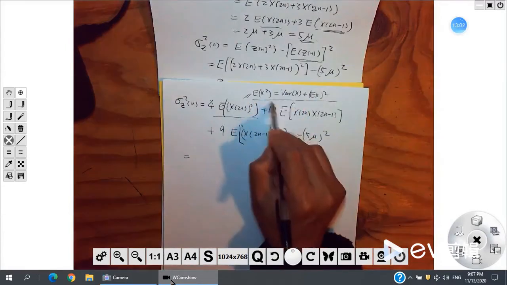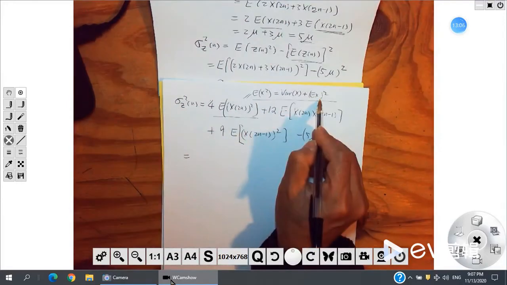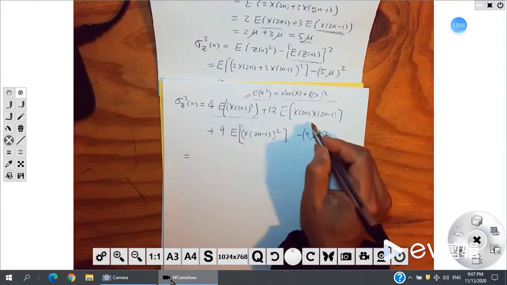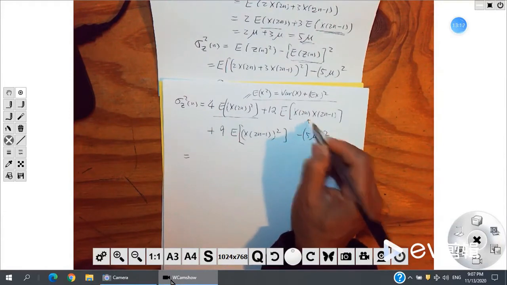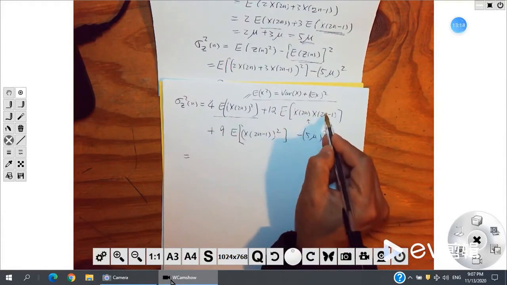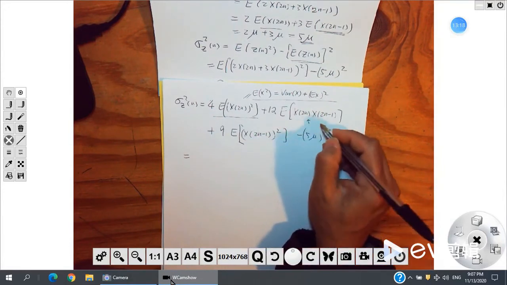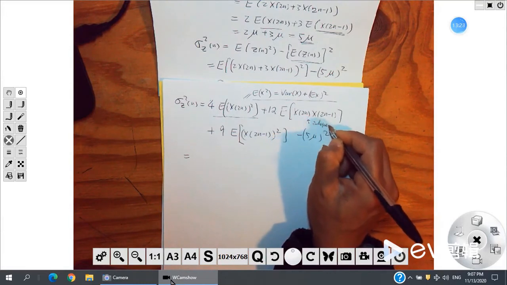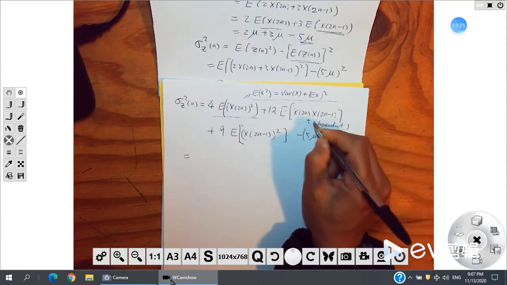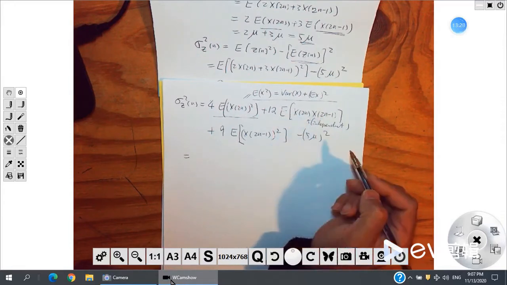So I move that minus term to the right side. So we have this formula. Okay, and this one, we know they are independent, right? So this will be just independent. We know they are independent. So we can separate them into two pieces, right?